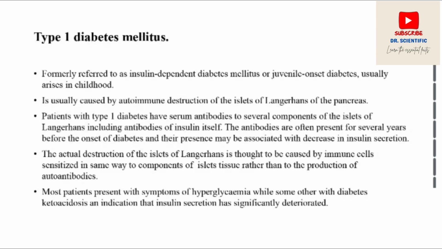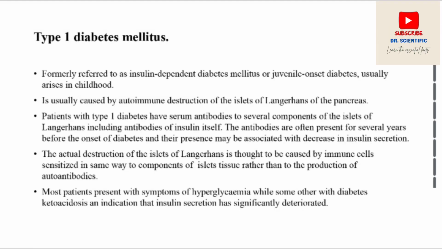So when you become susceptible, for example to viral infection or toxic chemicals, there will be an immune response. And what will happen when there's an immune response? Antibodies to the islets of Langerhans will be produced, along with cell-mediated immunity. The immune response will lead to beta cell destruction.